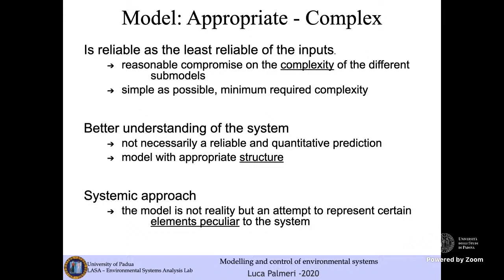And this concept brings with it the concept of a minimum required complexity. So we have a bottom level, the minimum required complexity that you shall employ in order to describe the ecosystem under observation.